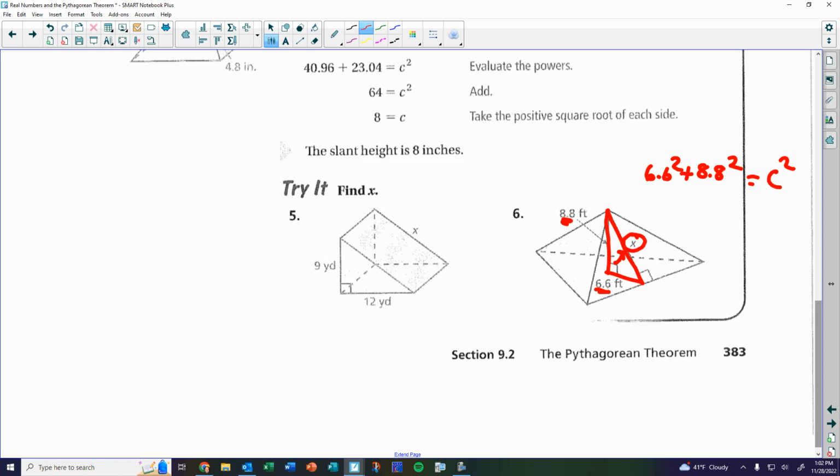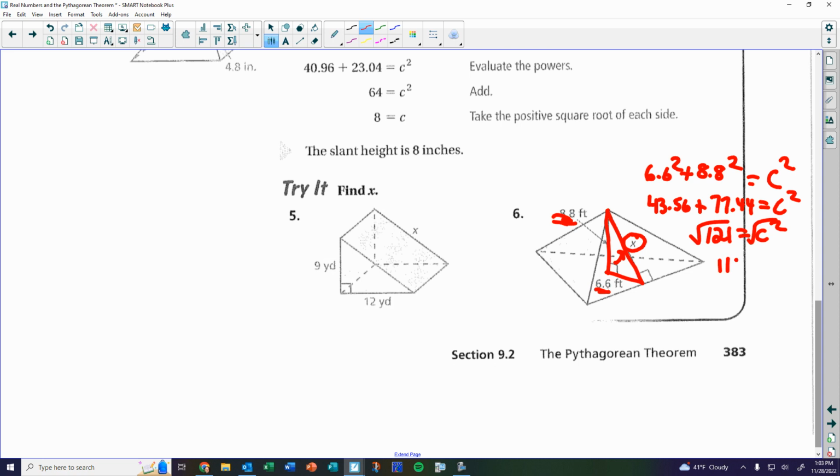We got two legs, so the number we get should be bigger than these two. It should not be smaller than 8.8 or 6.6. So 6.6 squared is 43.56, and 8.8 squared is 77.44. When I add these two together, I get 121. Well, that worked out nice, huh? Because what's the square root of 121?